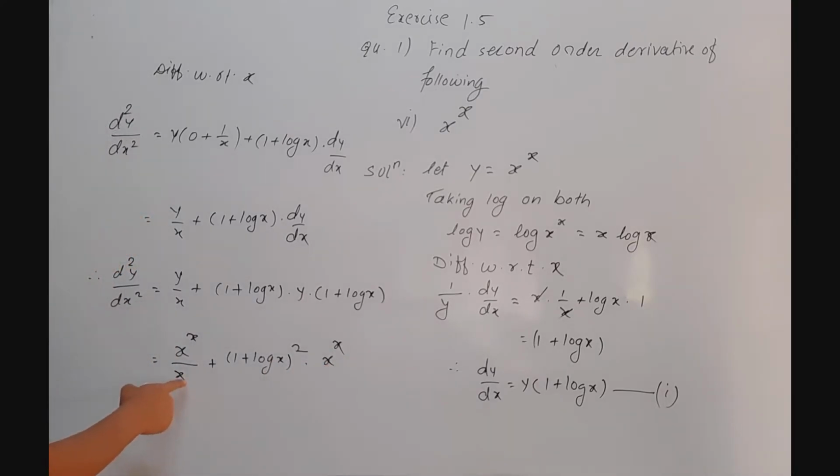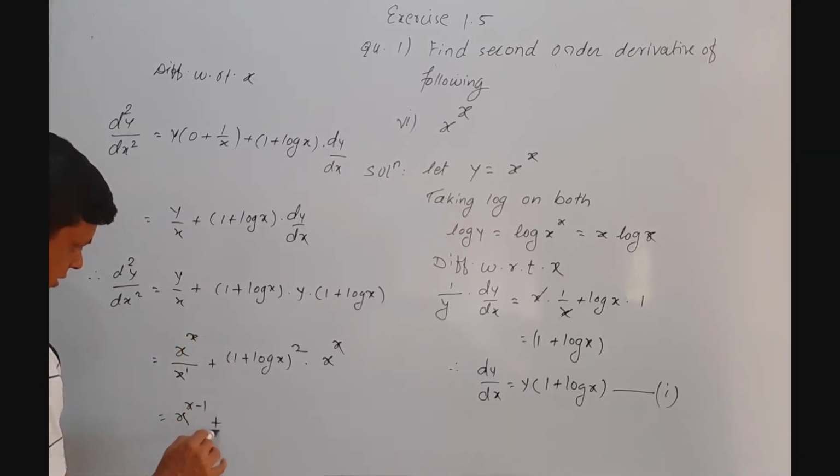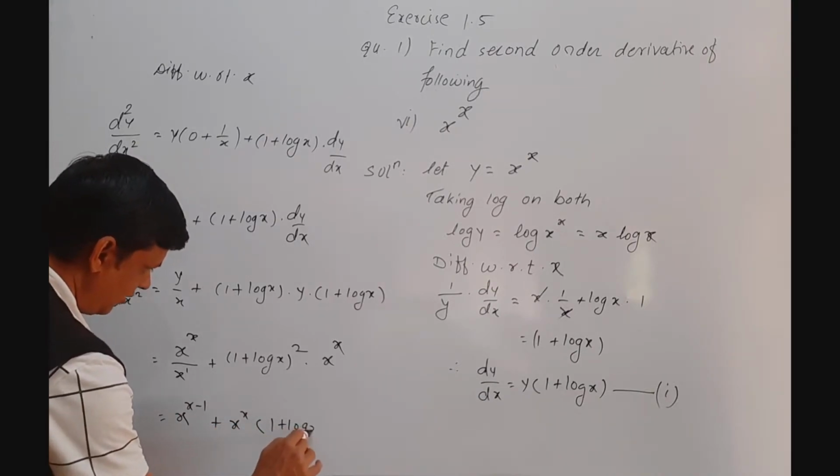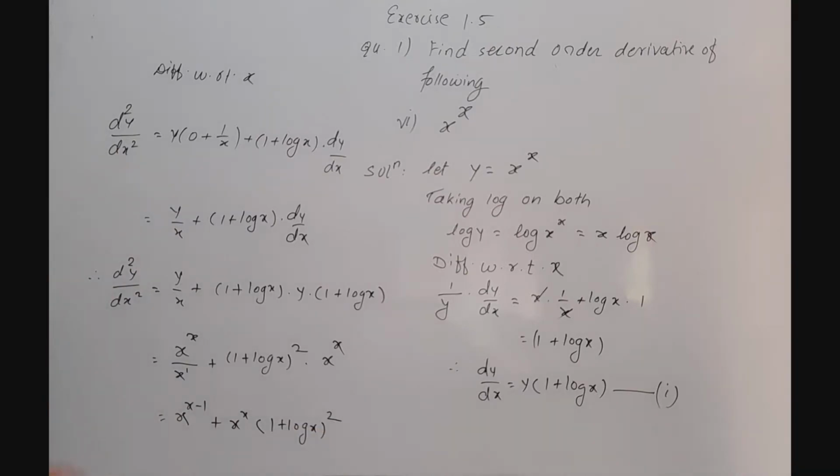So when we write this x in the numerator, we know that the power of this x is 1. So we write this x in the numerator, and that time we have to write the power as minus 1. So we subtract from this x. So write x raised to the power x minus 1 plus x raised to the power x into (1 plus log x) bracket square as the second order derivative.